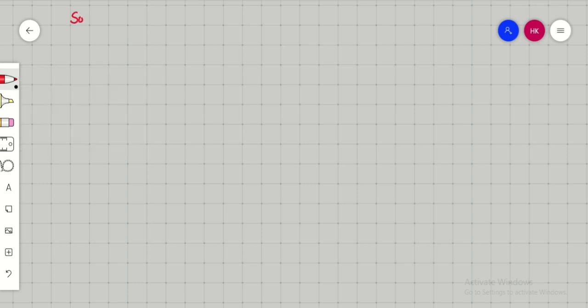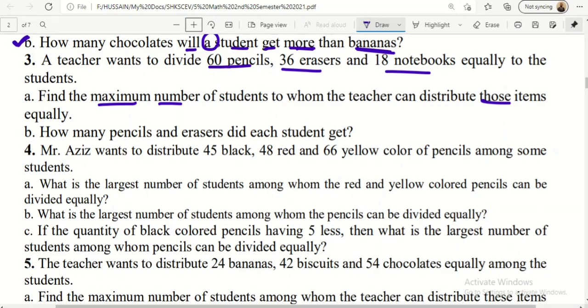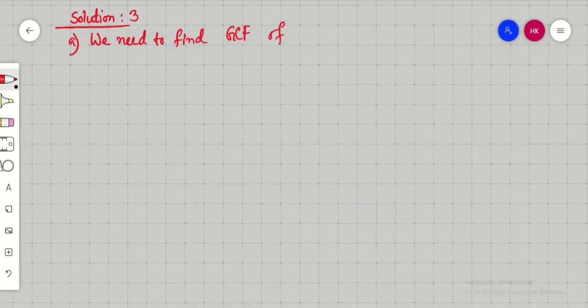Let's say solution number 3, part A. We need to find the GCF of 60, 36 and 18.